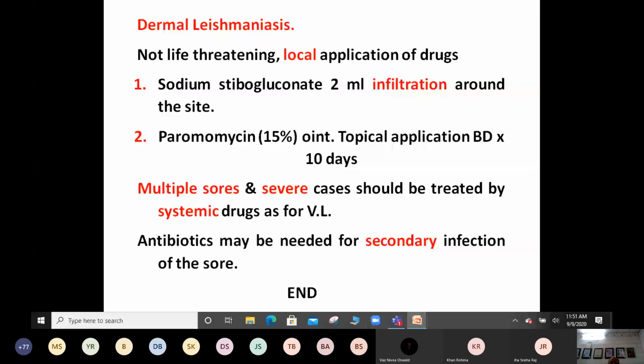Now sometimes these wounds, the sores, may be infected. It is called secondary infection. In that case, in addition to anti-leishmania drugs, you have to use antibiotics because these wounds are secondarily infected.